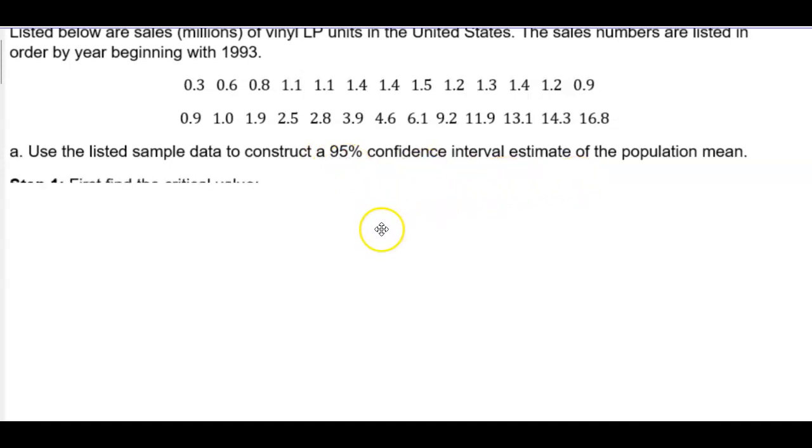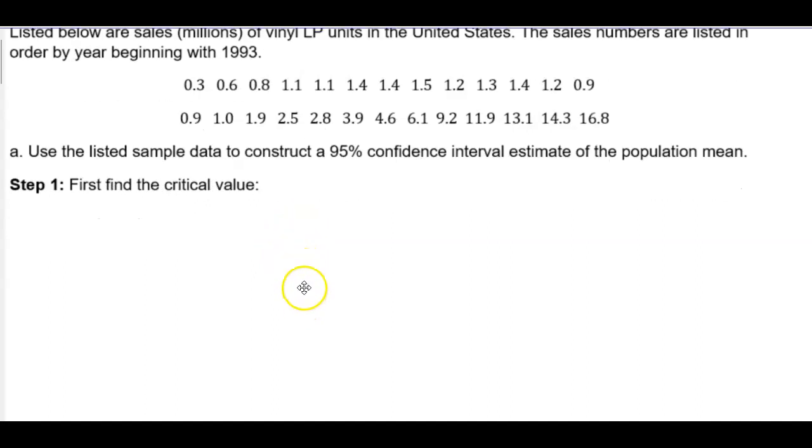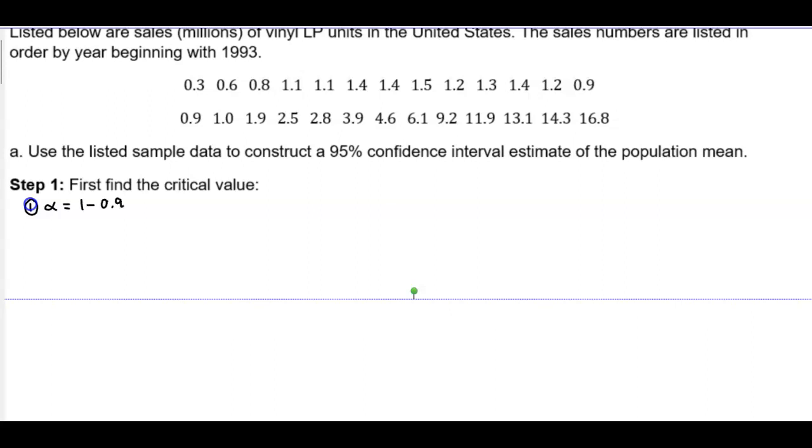population mean. So what we're going to do is first not check the requirements yet, and you'll see why in the next question in part B, but let's first find the critical value. Since we're constructing a 95% confidence interval, what we want to do first is take 1 minus 0.95, because that's going to be alpha, the percentage of the confidence interval, which gives us 0.05.